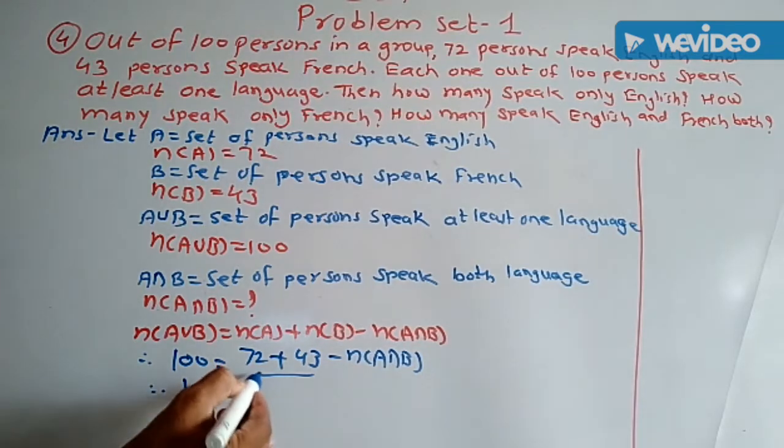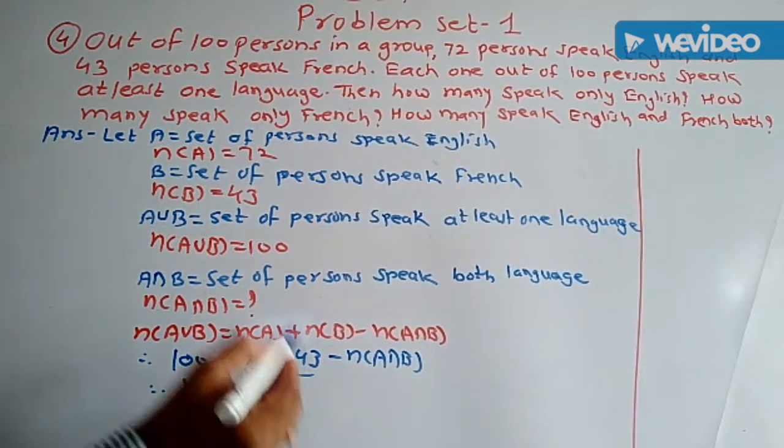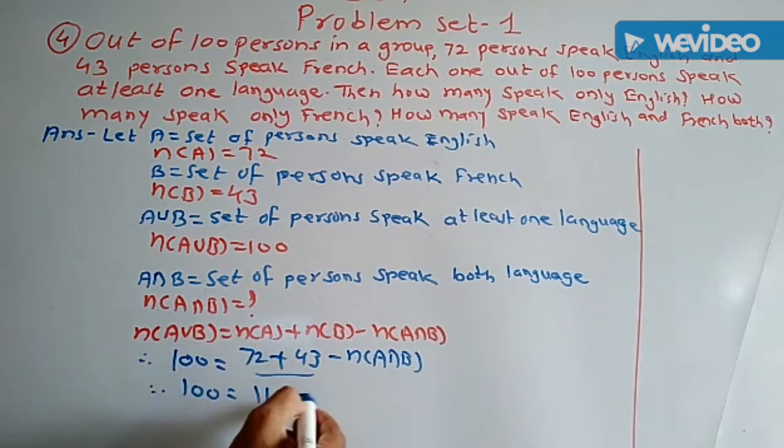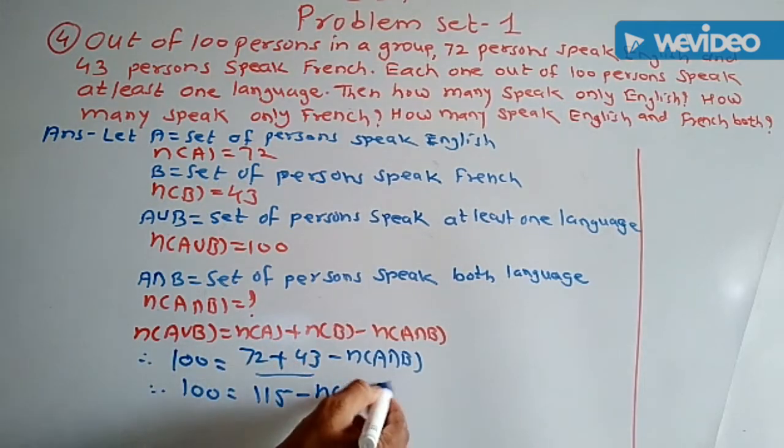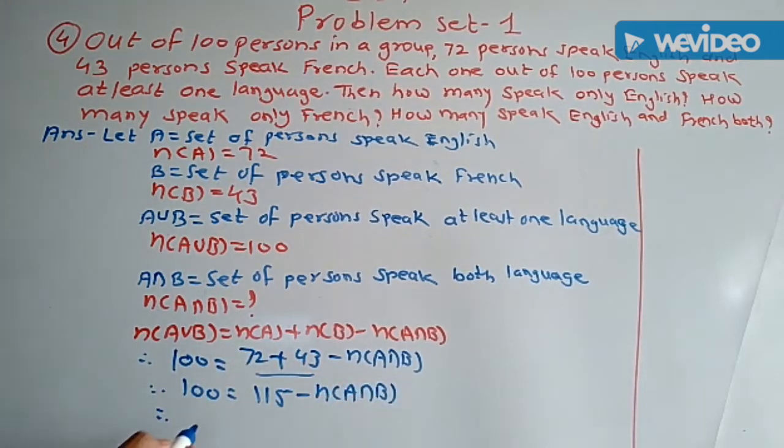100 is equal to the addition of both, 115, minus n(A intersection B), and therefore n(A intersection B) is equal to, minus gets plus and plus 100 gets converted to minus, that is 115 minus 100, and the value of that subtraction is 15.